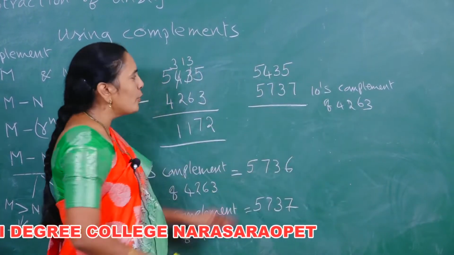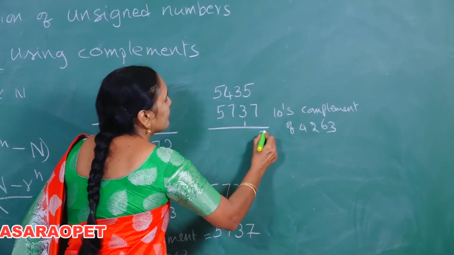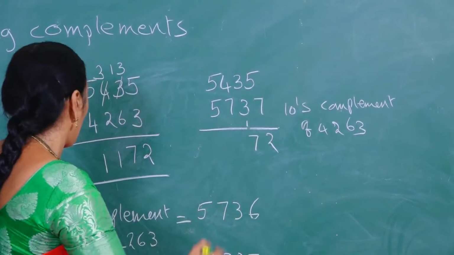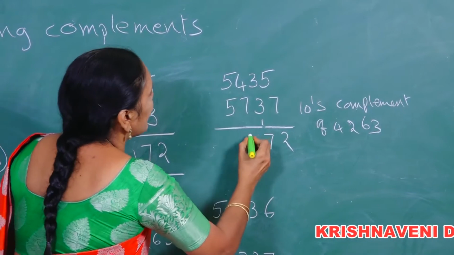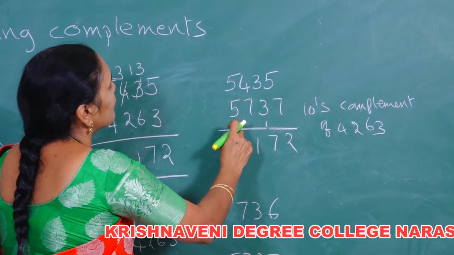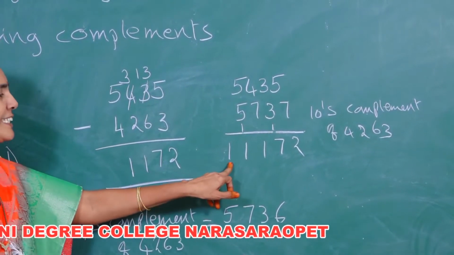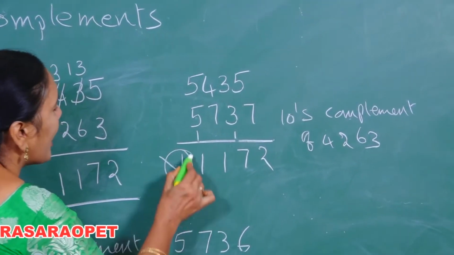Now, do the direct addition. 5 plus 7, that is 12. 3 plus 3 plus 1, that is 7. Next, 4 plus 7, that is 11. 5 plus 5, 10, 10 plus 1, 11. I said, when there is a carry after the last digit, it is to be discarded.